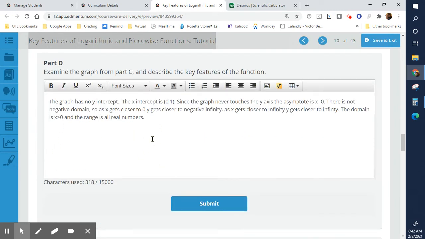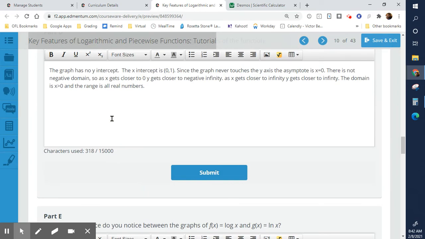So we're here, all real numbers. As we go to the left, the graph decreases. They use the word rapidly. Graph decreases rapidly.